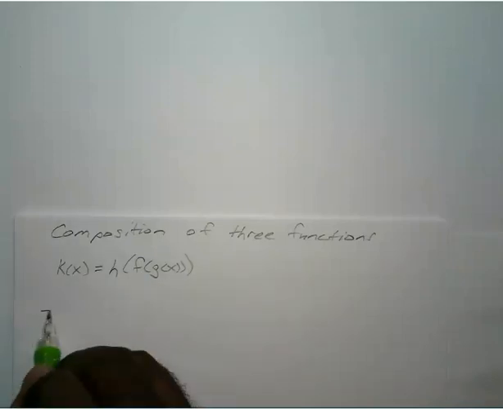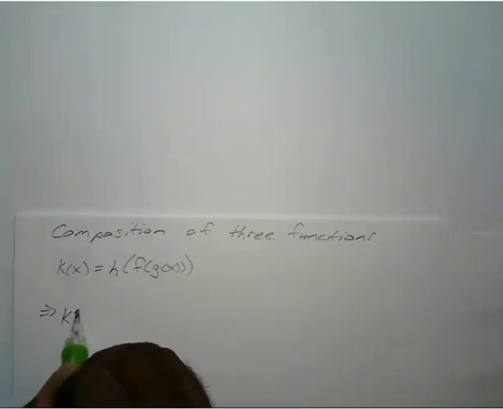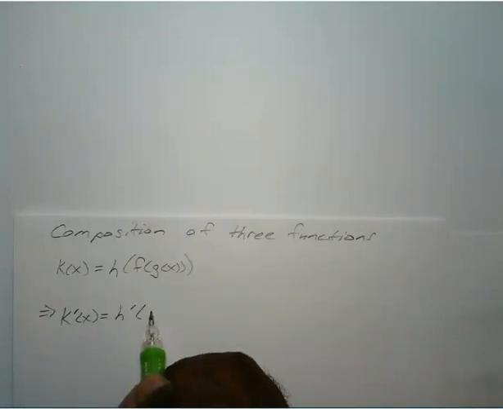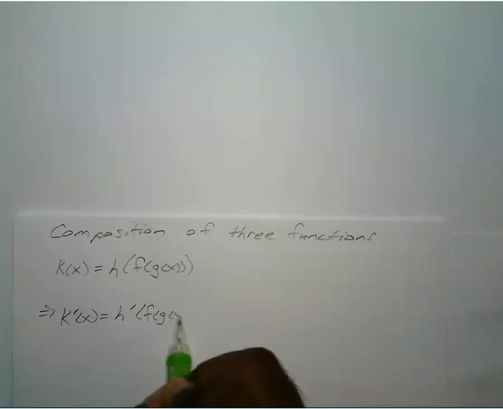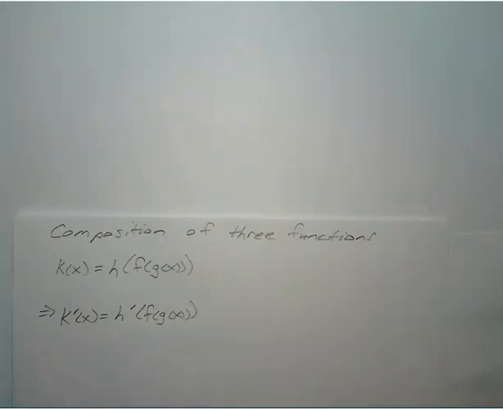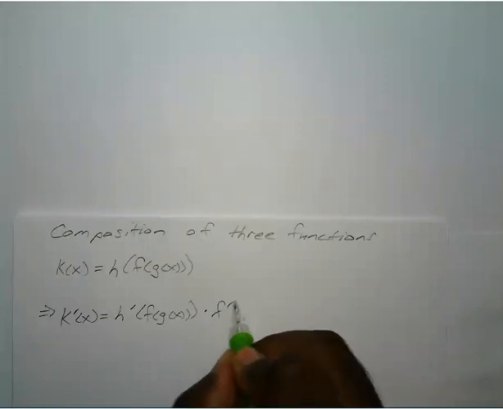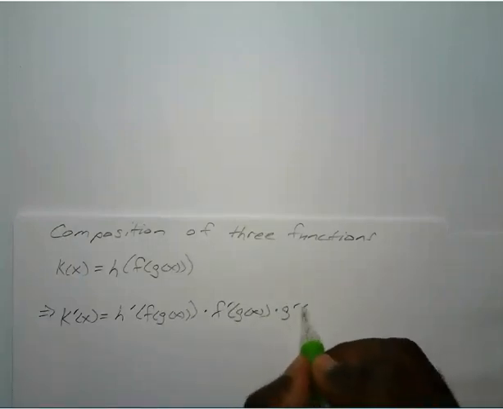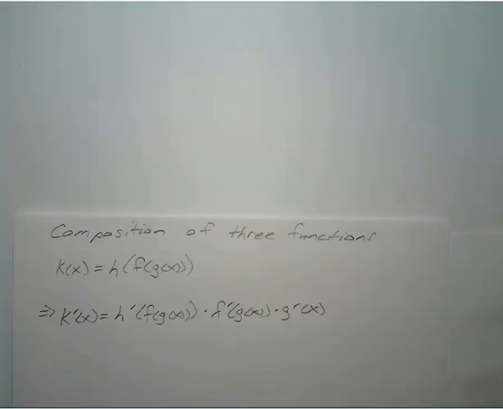To find the derivative of that, k prime of x is going to equal h prime of f of g of x times f prime of g of x times g prime of x. So you take the derivative of the whole thing multiplied by the derivative of what's inside, and then you take the derivative of what's inside of that.